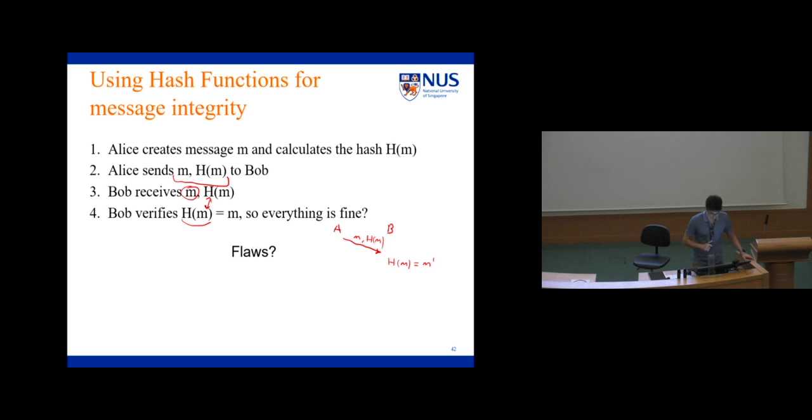Then he checked if m prime is equal to the received hash, and if that is equal, he just knows that the message comes from Alice. Is there anything wrong with this? Any ideas?